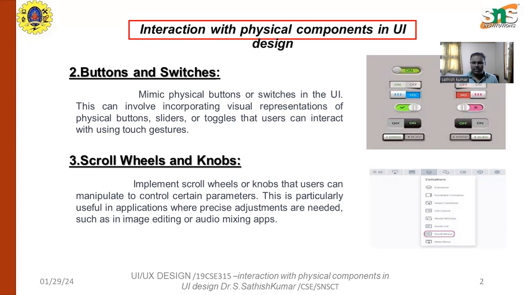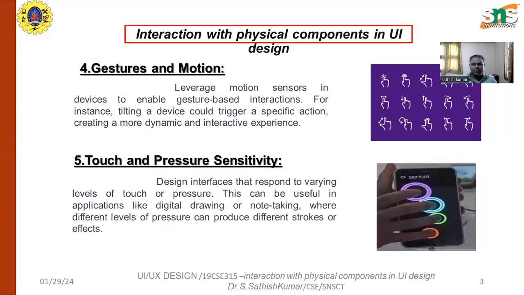For scrolling, the best example is any web page. For example, I'm using BookMyShow for booking a ticket. When we scroll down, we move on to the next icons, and finally it will be submitted. So that is it.